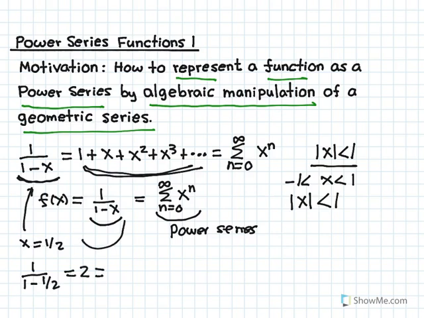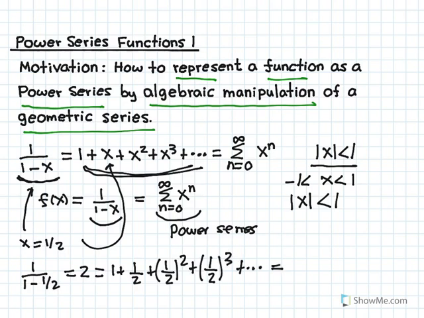Plug in x equals 1/2 wherever we see an x into this power series, so we get 1 plus 1/2 plus 1/2 squared plus 1/2 cubed, and so on. This gives us summation n equals 0 to infinity 1/2 to the power of n.